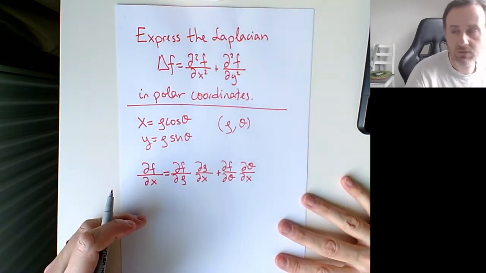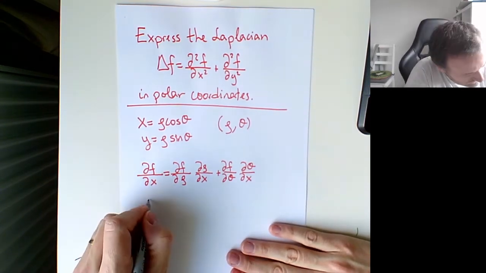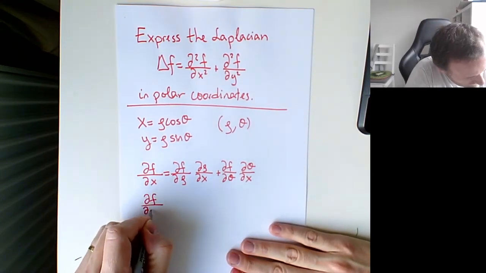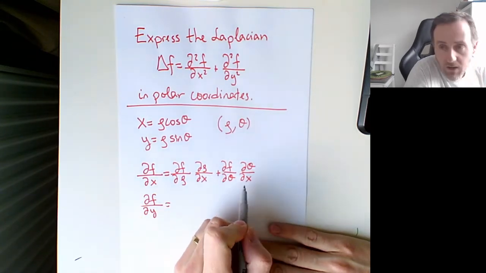Similarly, for the derivative with respect to y. The only thing that changes is that instead of having x's here, we have y's.